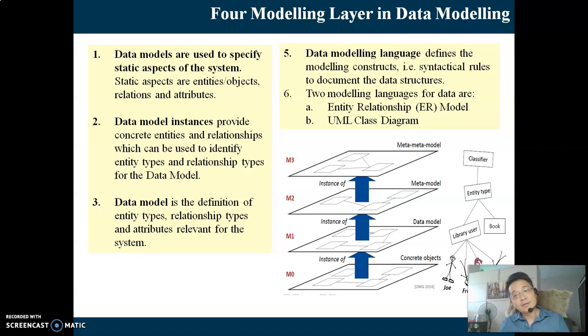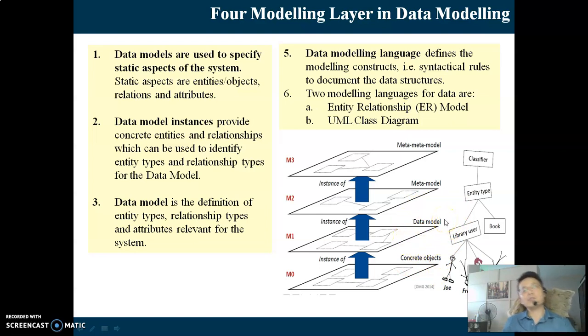These are titles of books. So, we have just identified from the concrete objects 3 entities, which are library users, magazines, and books. Now, these entity types will be captured in the data model, not the concrete object. We want to capture the entity types in the data model.